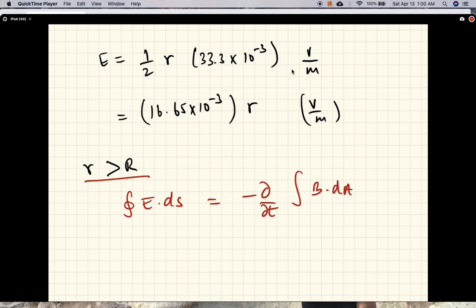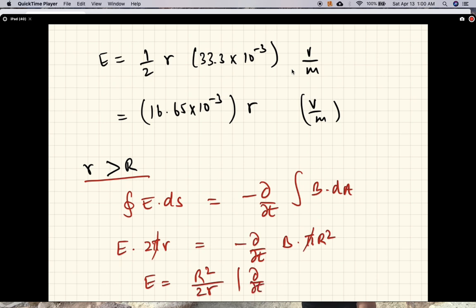So for r greater than R, this is again E times 2 pi r, except that now the flux is only in pi R squared. That's a constant. And so one of the pi's cancels, and E is R squared over 2r and del by del t of B.